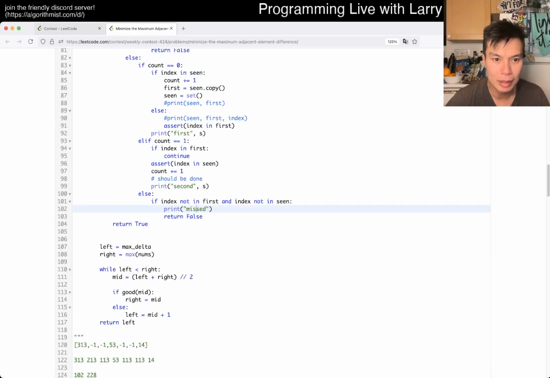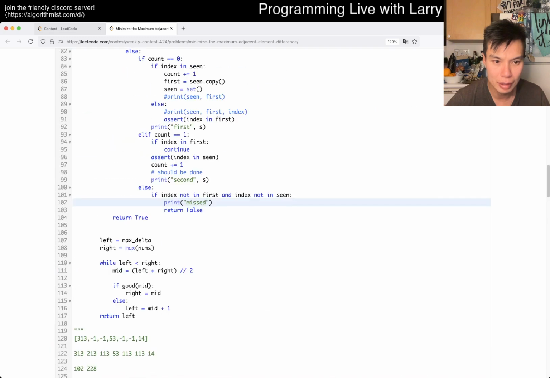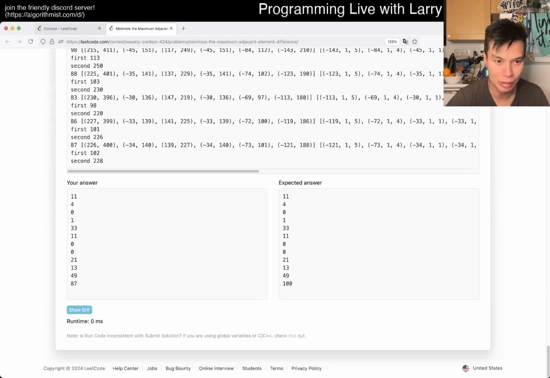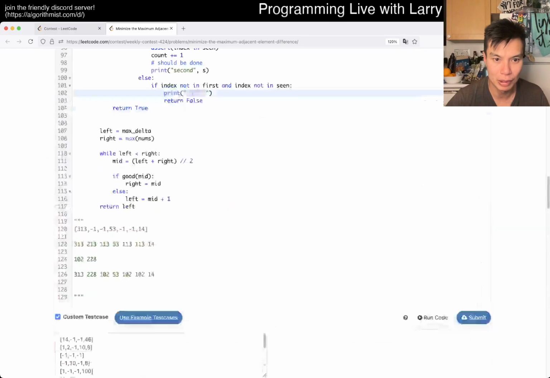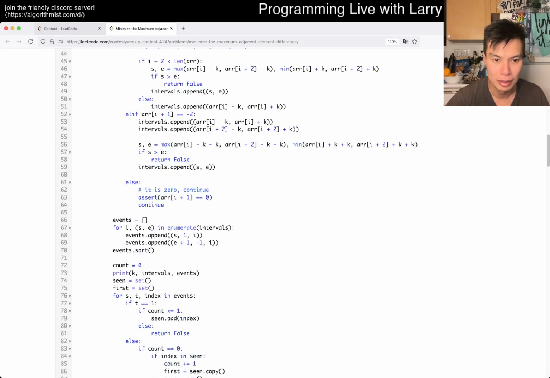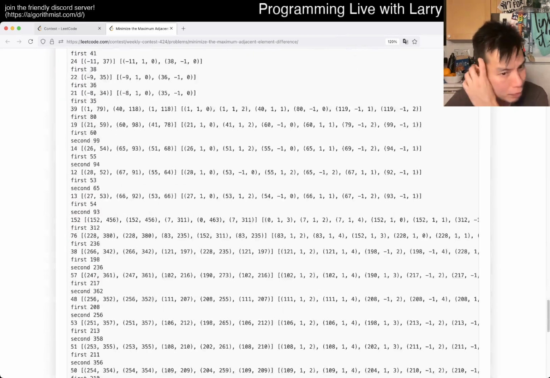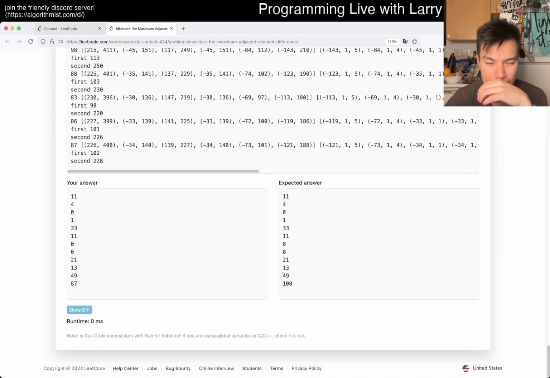Why does it never get print missed? Oh, I missed it. So this never gets print. So how would this ever be forced? Oh, it probably is forced earlier. I guess I do have other things that determine it, but okay, that's kind of weird actually.